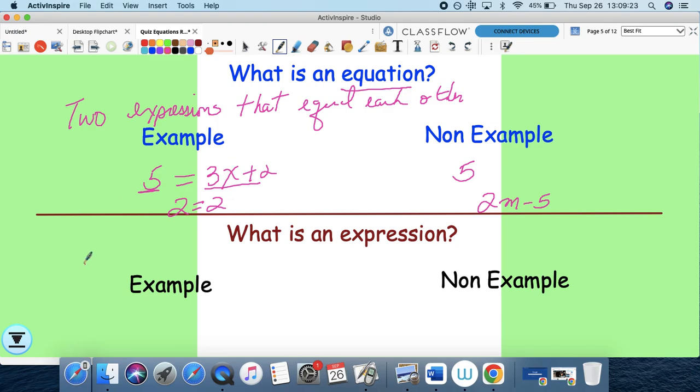Numbers and/or variables that have operations between them.